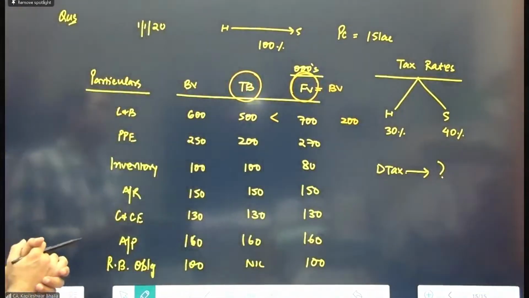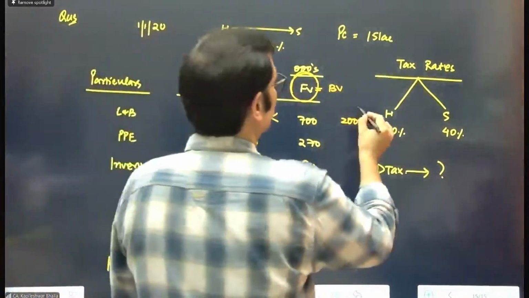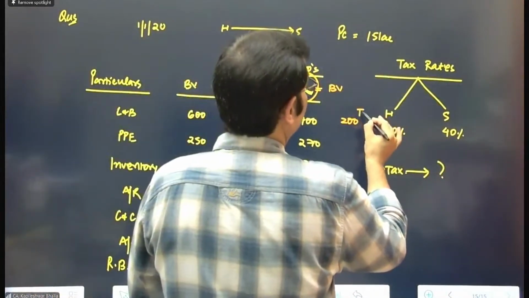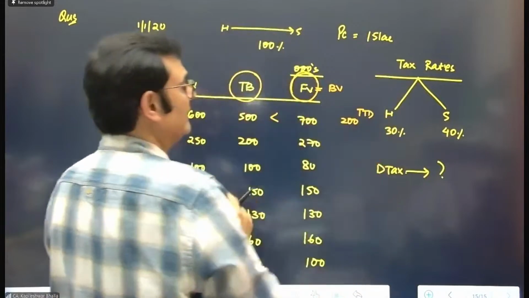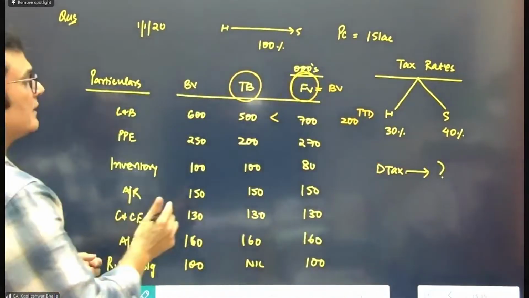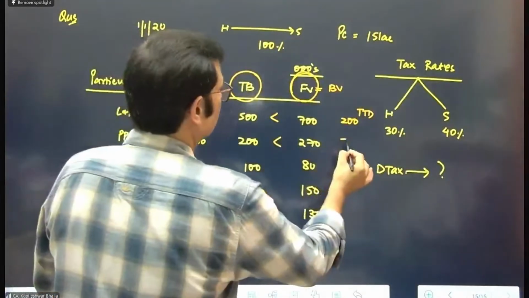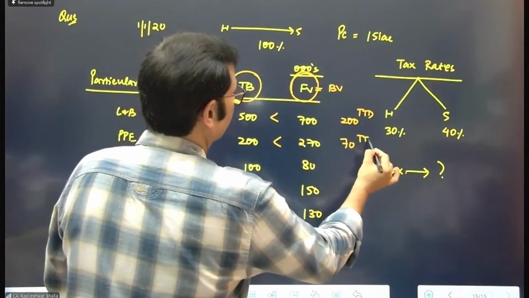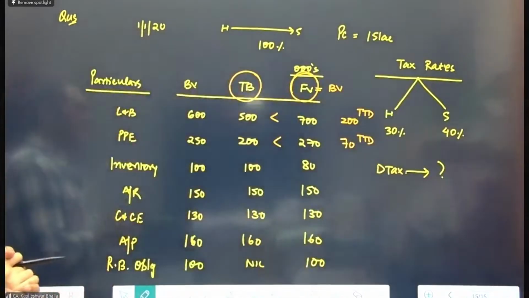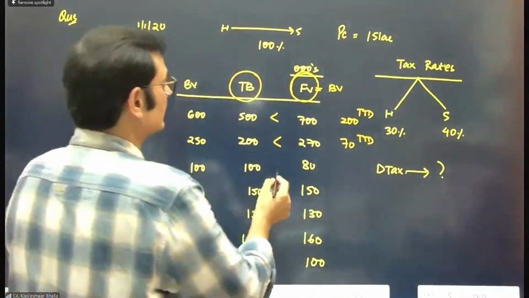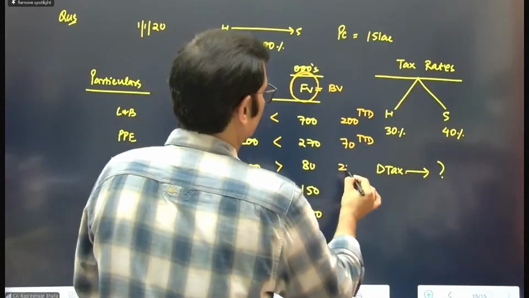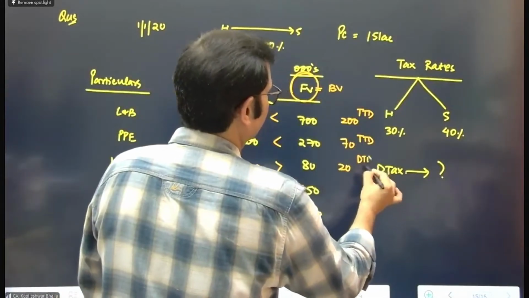Yes. I have not applied the tax rate, so for the time being, let me call it a taxable temporary difference, TTD. Similarly, can I say for PPE, the difference would be resulting in a taxable temporary difference? Yes, sir. And as far as inventory is concerned, it is the other way around. So this will result in a deductible temporary difference.